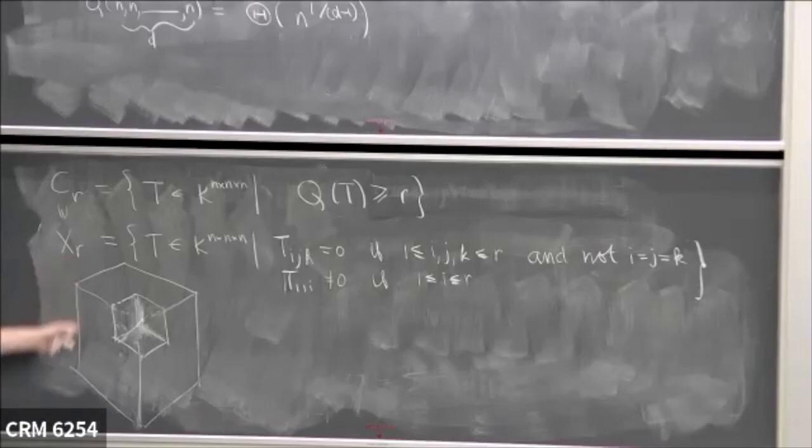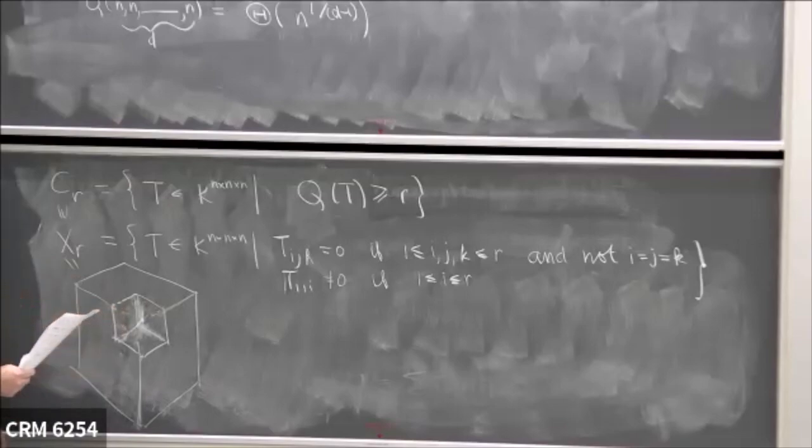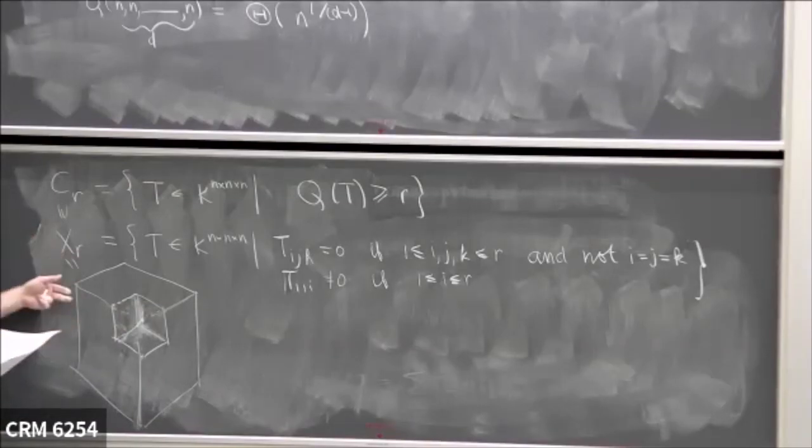Okay, so it's a big cube minus small cube plus a diagonal. So that's this X_R. So these all have rank R. And of course, this is for a very special basis, but if I change the basis, that will not change the border rank.